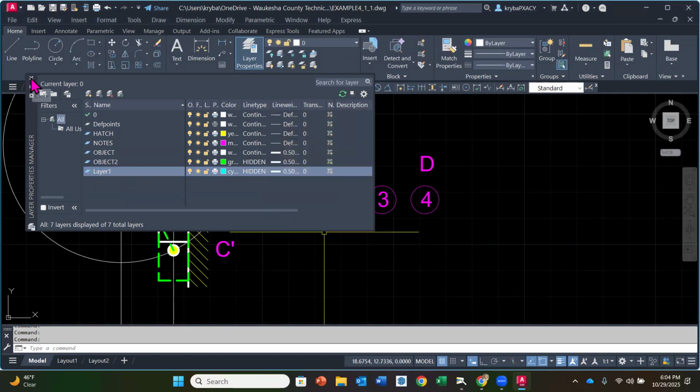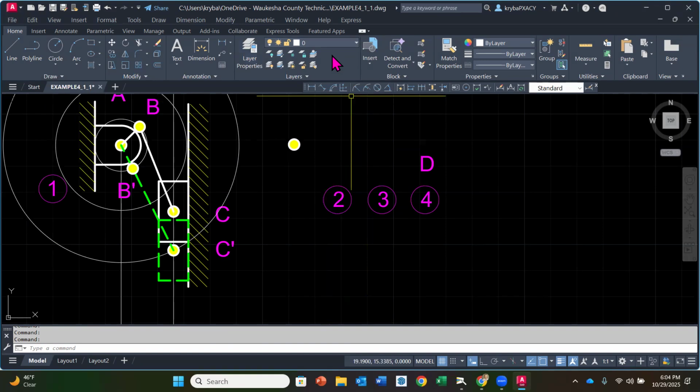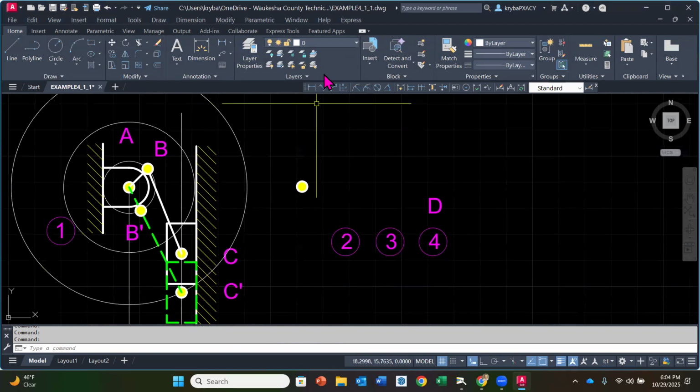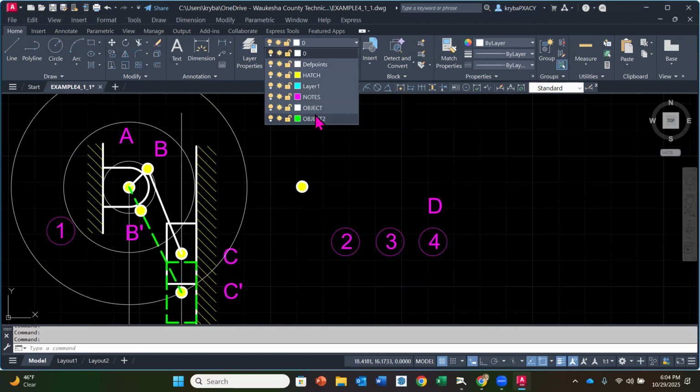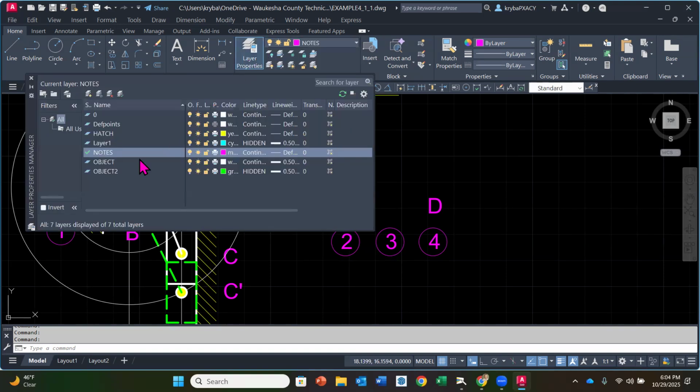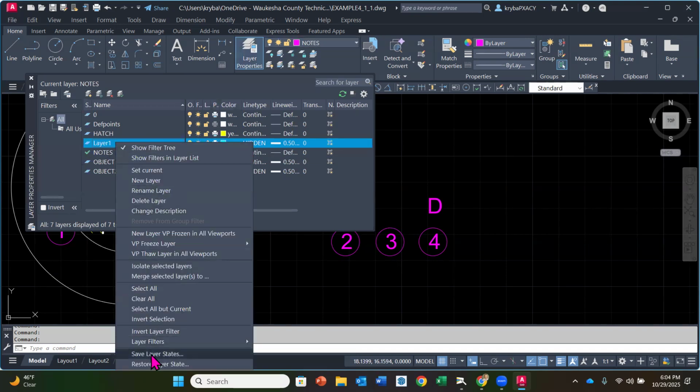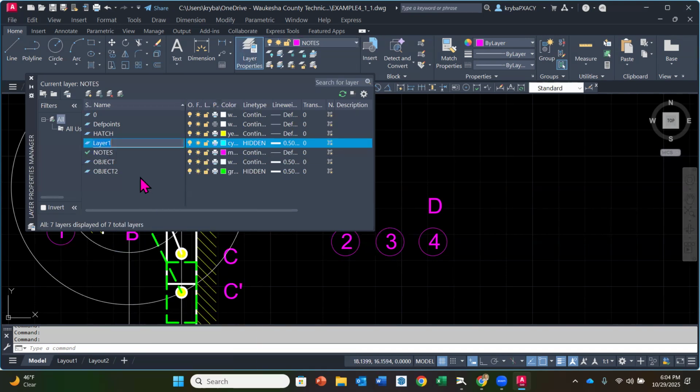So I'll have green and cyan. And then now I am going to put my, what did I call it? I don't think I changed the name of it. Let me go back in. Oh, sorry. I didn't change the name of it. So I want to rename that layer.